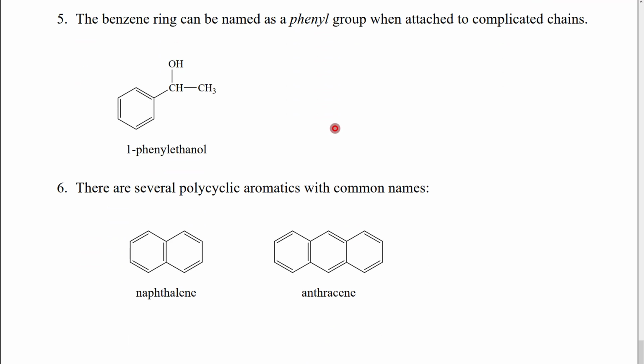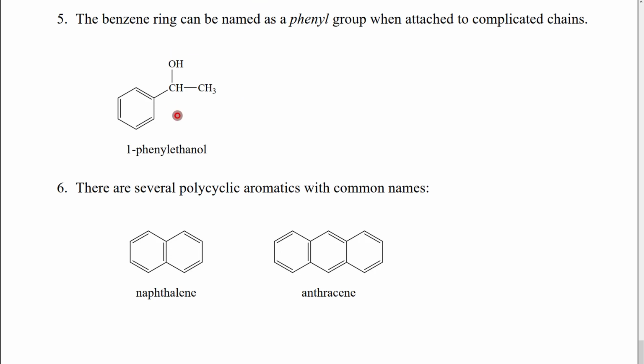The benzene ring can be named as a phenyl group when it is attached to complicated chains. Here's an example. It's a very interesting and bizarre sort of example, because what we have is a chain on the benzene that contains an alcohol. Alcohols have a higher priority than just normal benzene chains or carbon chains.